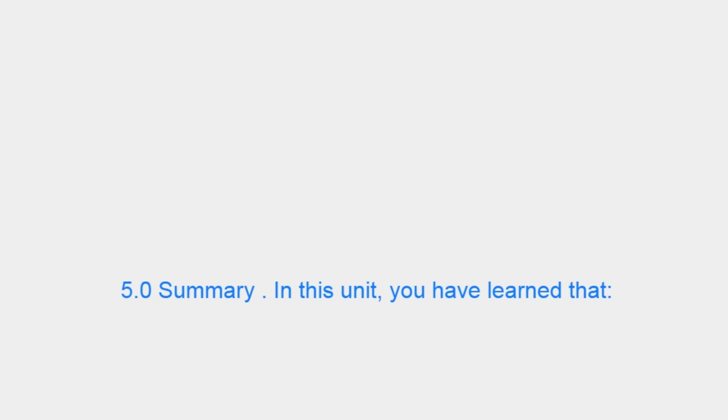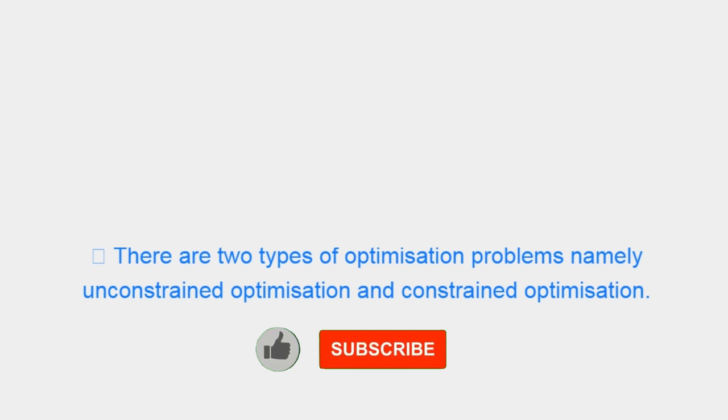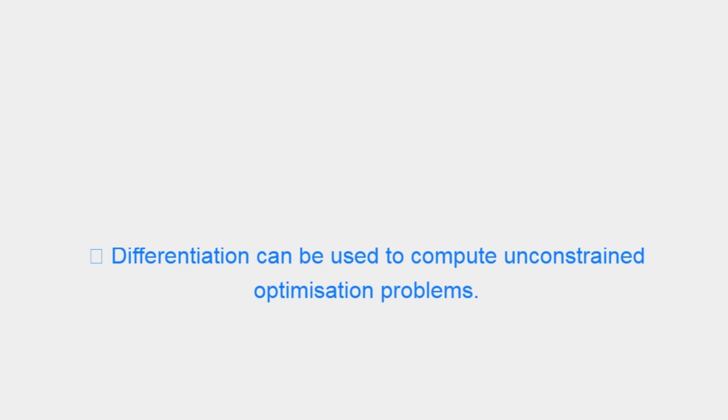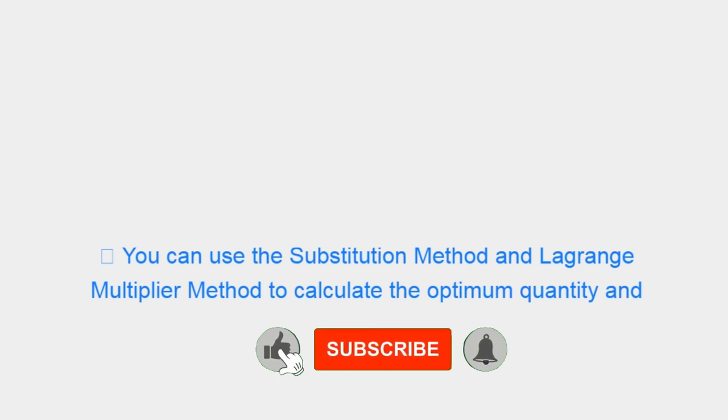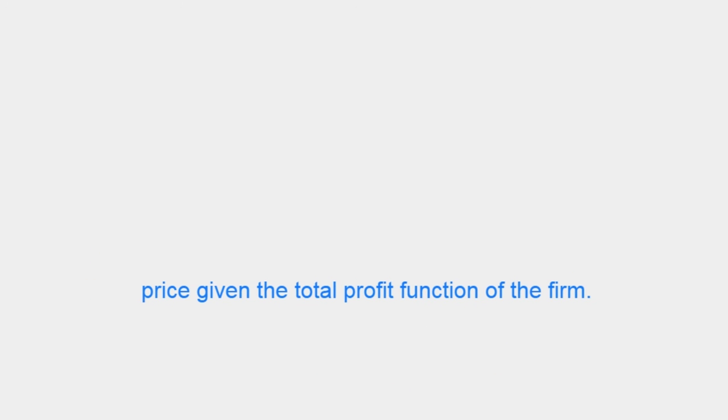Summary. In this unit, you have learned that there are two types of optimization problems, namely unconstrained optimization and constrained optimization. Differentiation can be used to compute unconstrained optimization problems. You can use the substitution method and Lagrange multiplier method to calculate the optimum quantity and price given the total profit function of the firm.